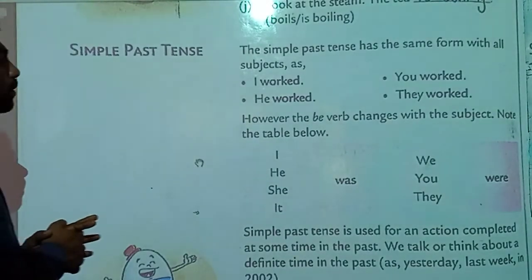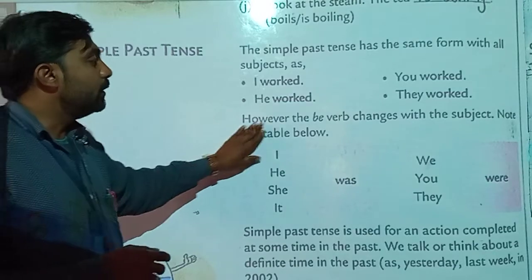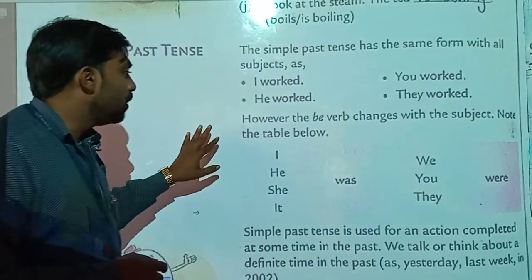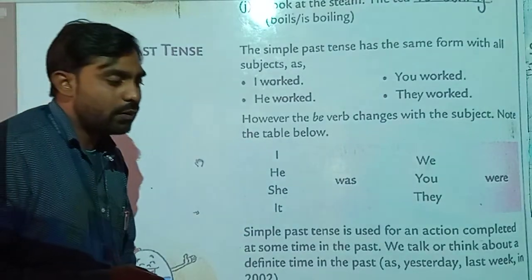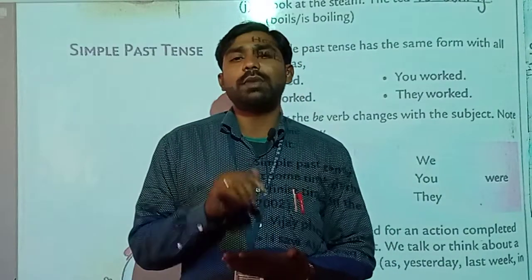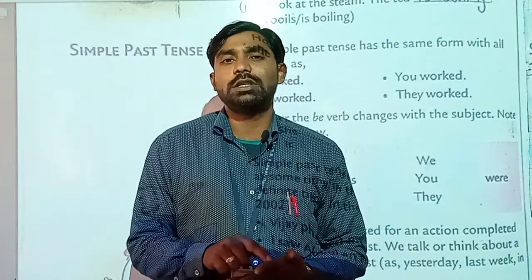Now see here. However, the be verb changes with the subject. So what is the be verb? It means the to be form. In present tense we are using the to be forms am, is, are. In present continuous tense, am, is, are.